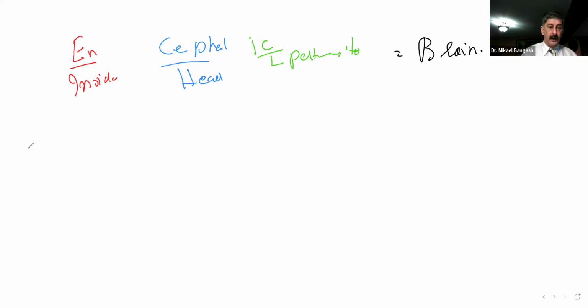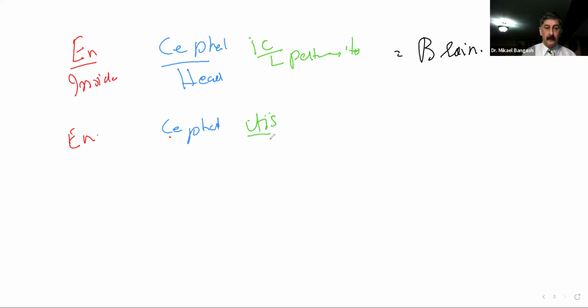Now we can put another suffix. Let's change the suffix ic out with something else, but it's still going to be encephal, and let's just do this: itis.